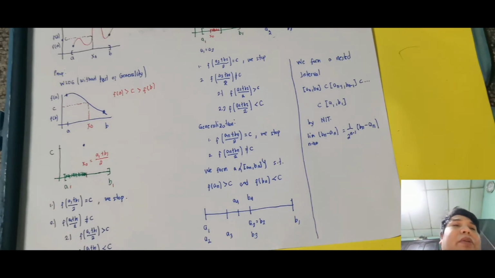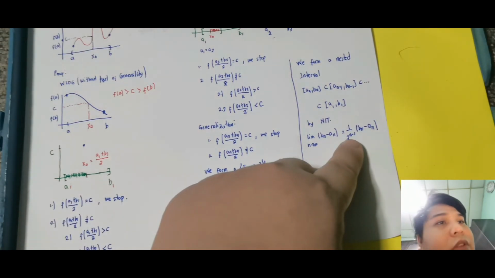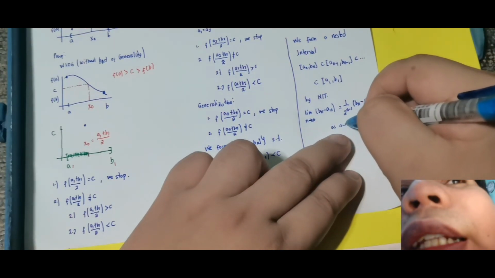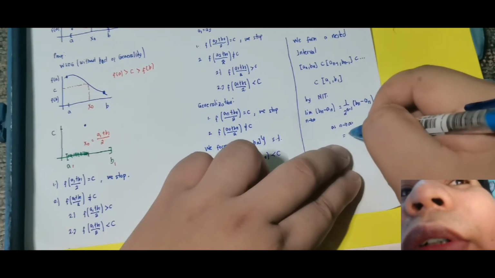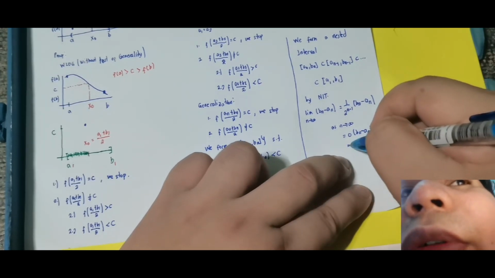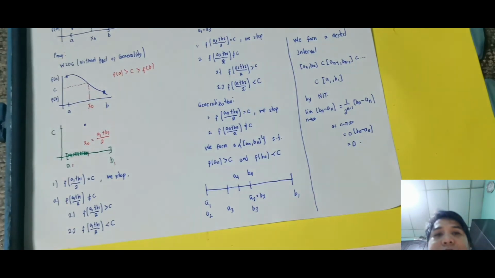Okay, so kung ano man number yung B sub n minus A sub n na yan. In which, ano ibig sabihin nun, as n approaches infinity, ano nangyari? As n approaches infinity, this is equal to 0 times B sub n minus A sub n, which is equal sa 0. So, regardless ng hindi natin alam.